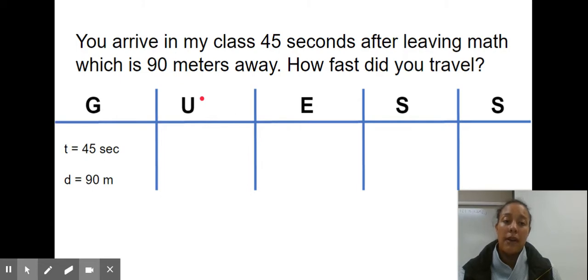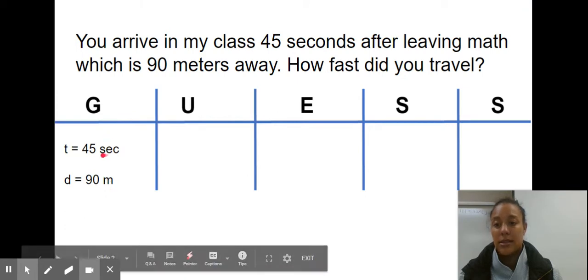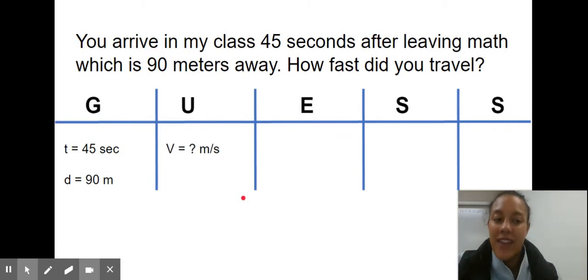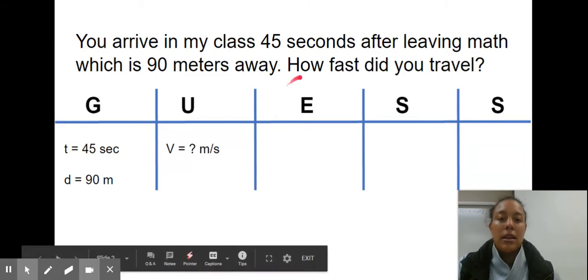So I know I'm going to have velocity or speed, and I know I'm working with meters and seconds. So most likely my final unit will be meters per second, because that is a very common speed unit, right?